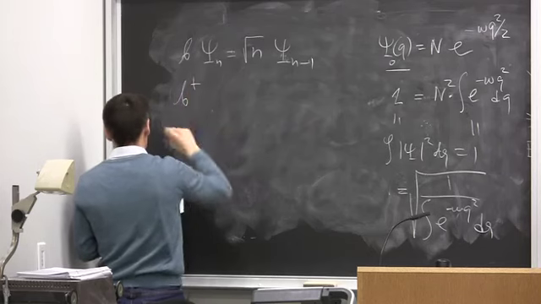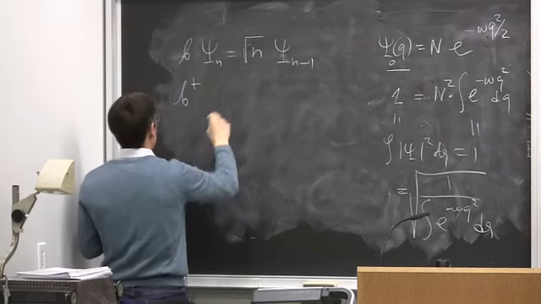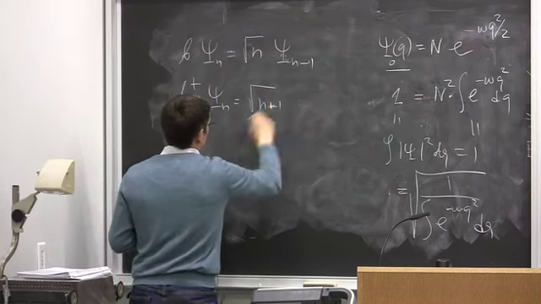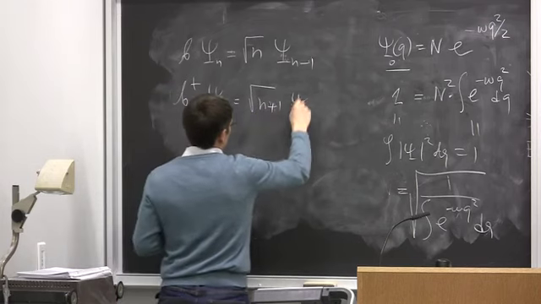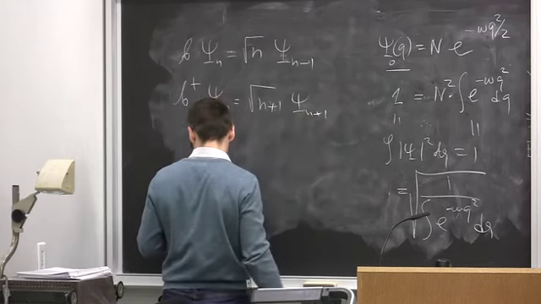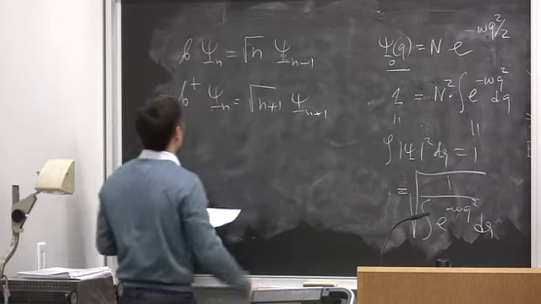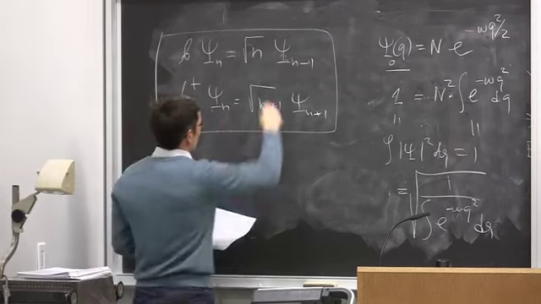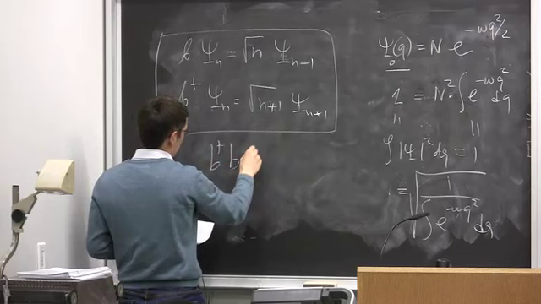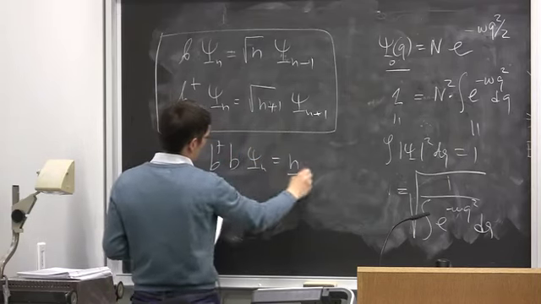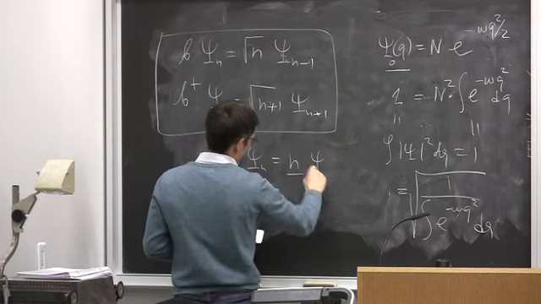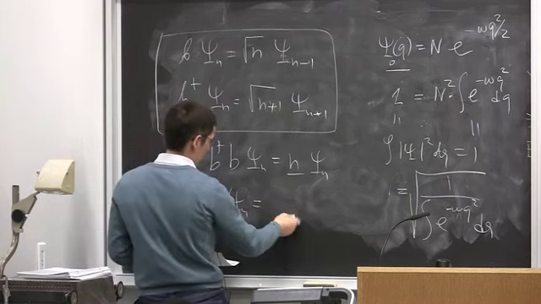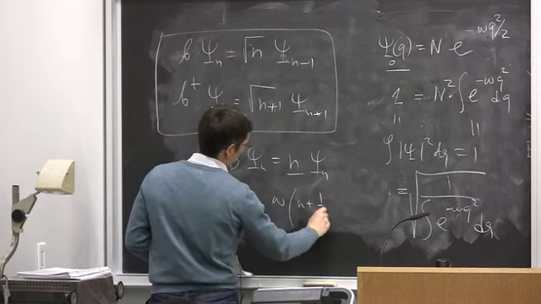And the same kind of exercise can be done with b star. b star acting on psi n gives you n plus 1 in the square root, psi n plus 1. Right. So this is the action of individual raising and lowering operators on eigenfunctions, and also b dagger b acts on eigenfunctions producing their number, right? And the Hamiltonian, when it acts on psi n, produces essentially omega times n plus 1/2.